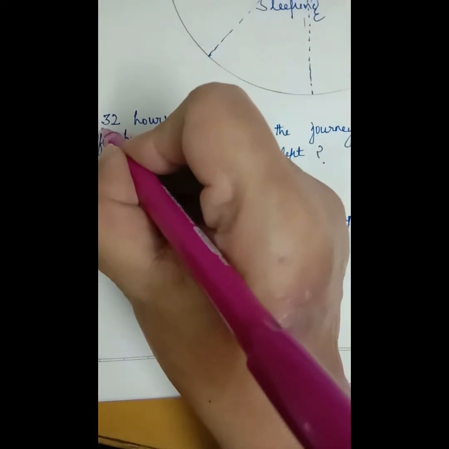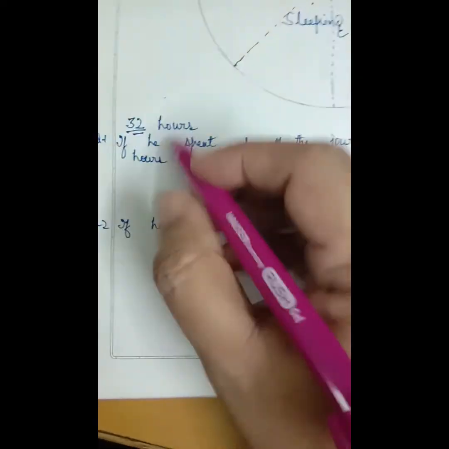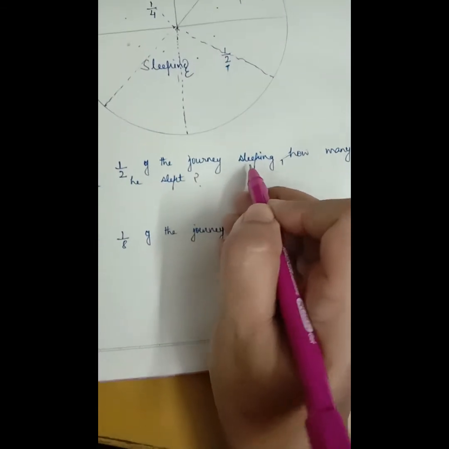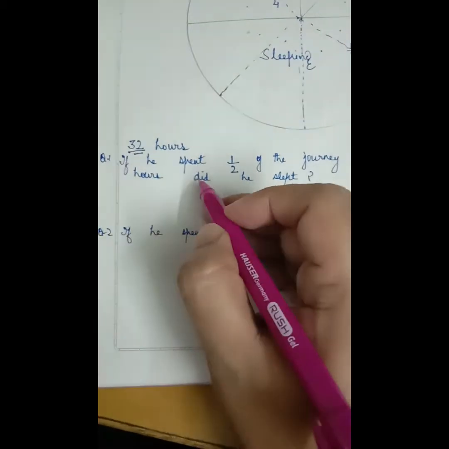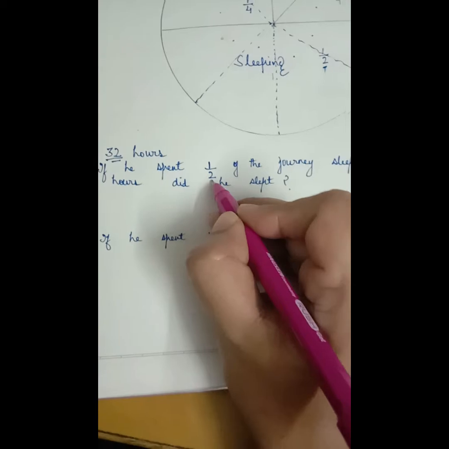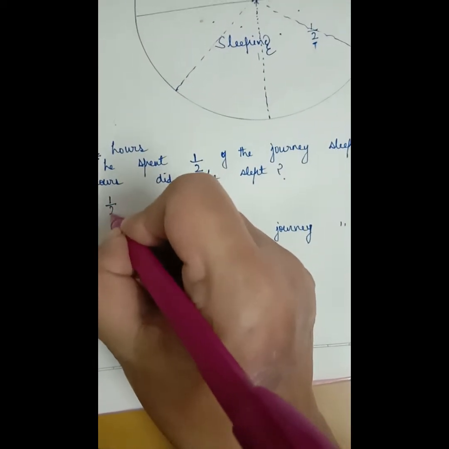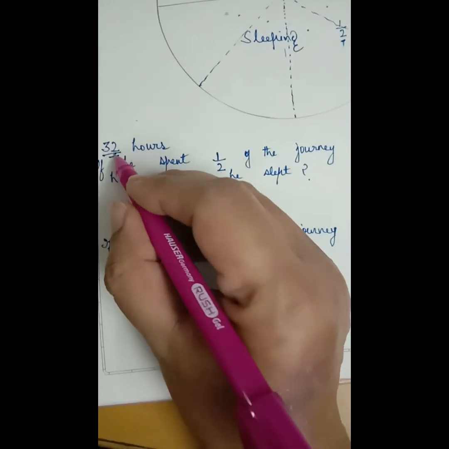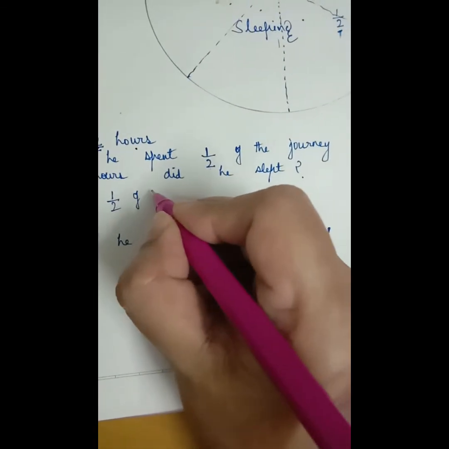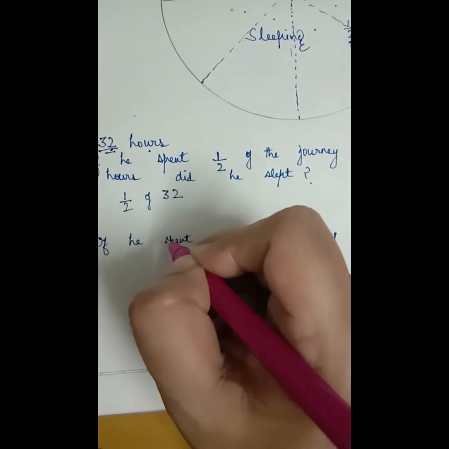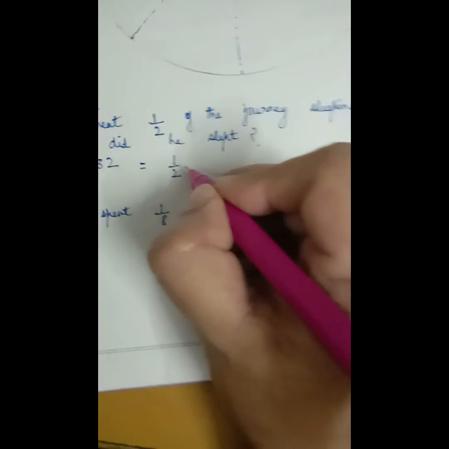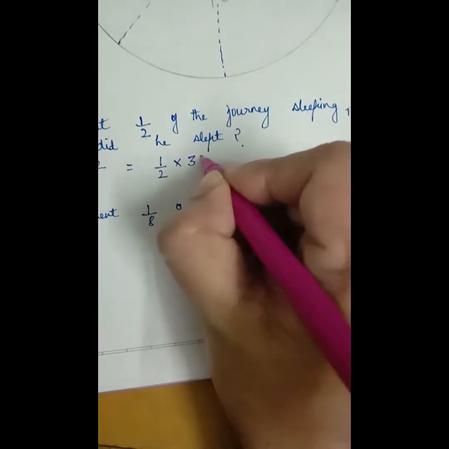Now see one more example. Suppose the journey was 32 hours. If he spent half of the journey sleeping, how many hours did he sleep? Now the fraction is half. Half of, now we will not take 12 because the journey is 32 hours long. So we will take half of 32, that is half multiplied by 32.